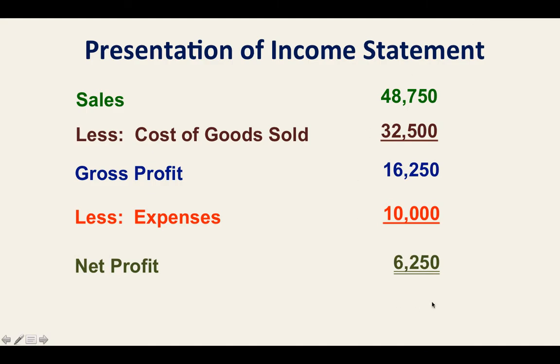Okay, class, so basically this is the equation of the income statement of merchandising business. We have sales, less cost of goods sold will give you your gross profit, less expenses will give you your net profit. Now class, for classroom purposes, there are certain situations where certain amounts in the income statement are missing.